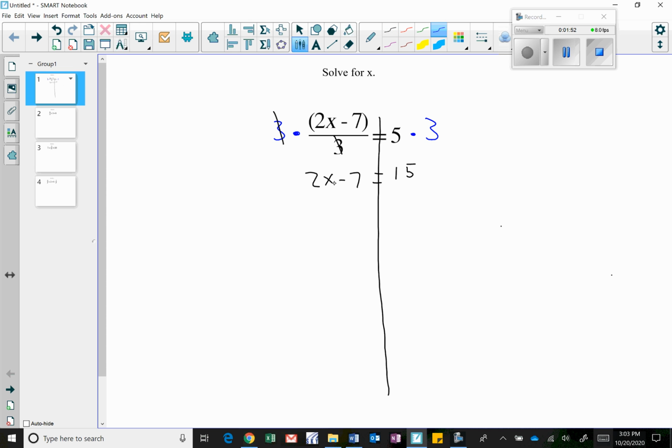Okay, and now this problem all of a sudden looks much easier to work with. So I have a 2 times x here and a minus 7. Usually what I like to do whenever I'm solving equations, and this works 99% of the time, I'm going to kind of contradict myself with what I just did, but usually I work in the reverse order of operations.